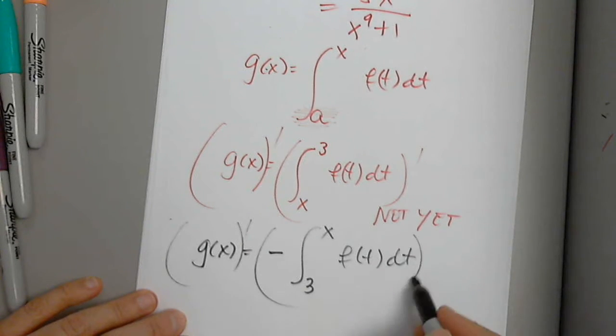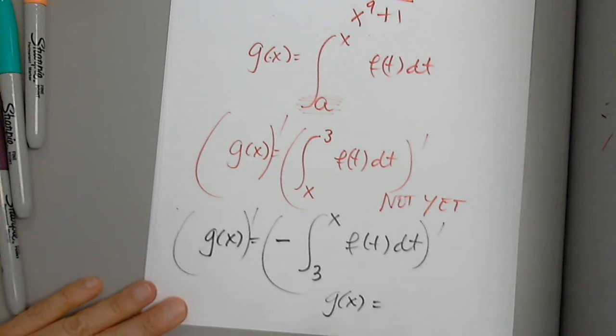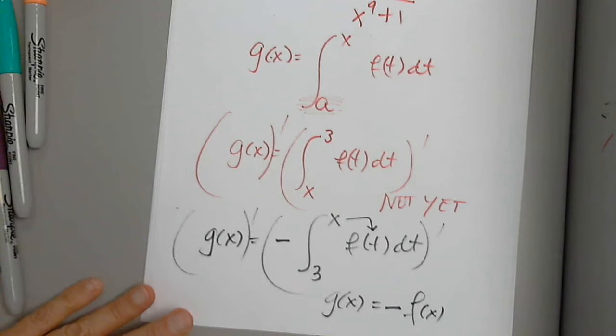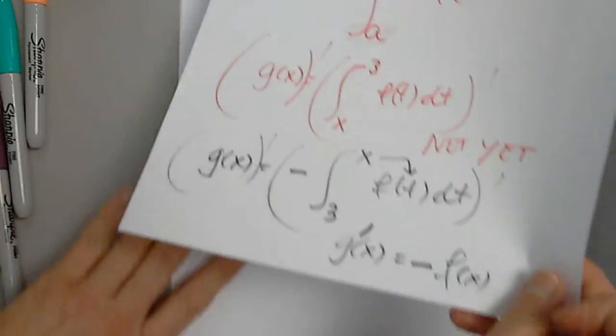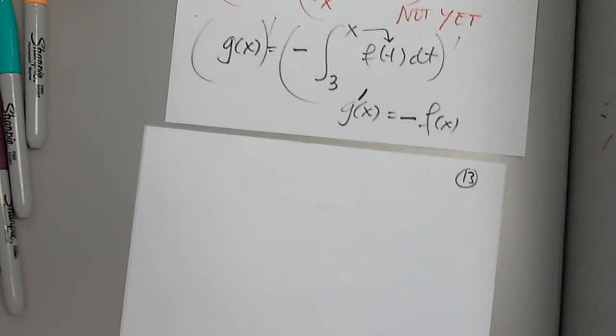I can differentiate it. The minus has to stay. So g prime is negative f of x. We're going to apply these in more complicated situations right now.